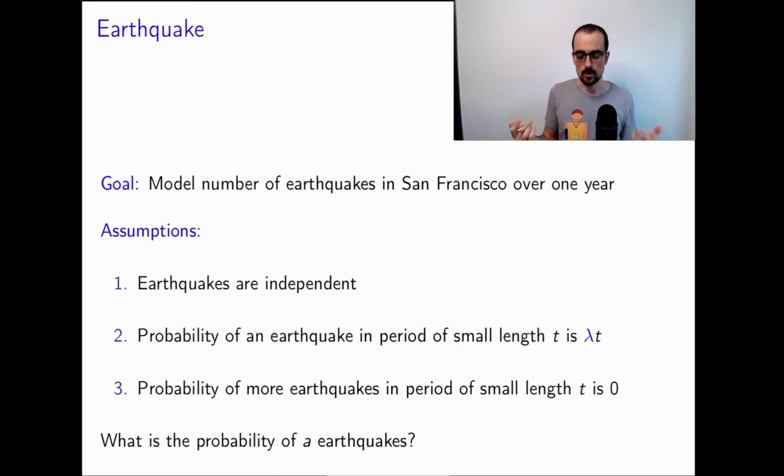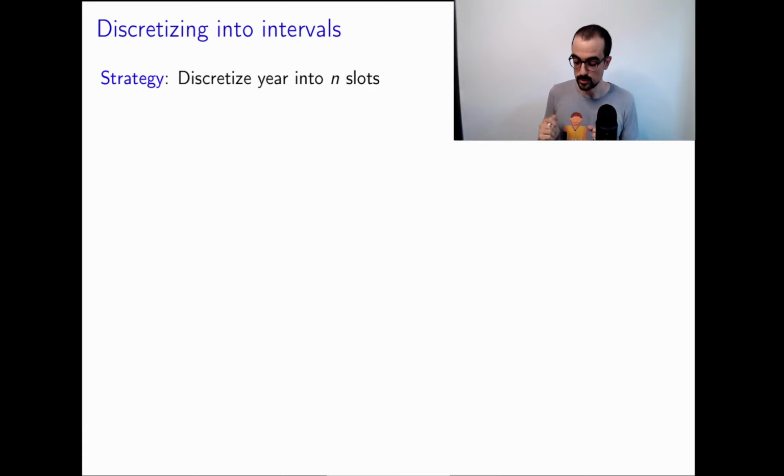So now, what is the probability of A earthquakes? Here it looks like I misspelled, but no, A is the variable that is the number of earthquakes. I should probably have used another variable. Our strategy is going to be to discretize the year into n slots. So let me draw a picture.